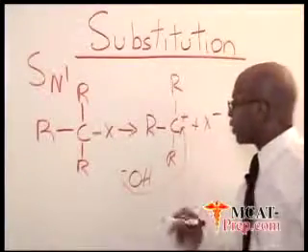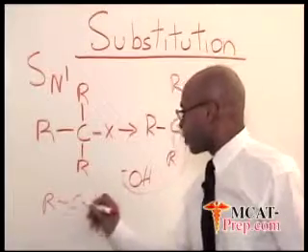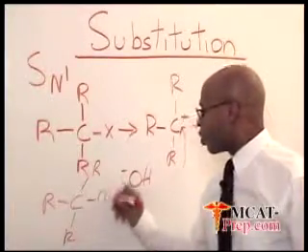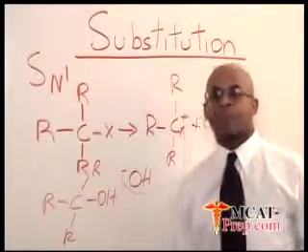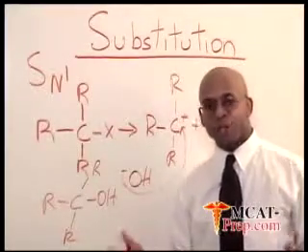What we end up with is our carbon, R, and then OH. Because it's an OH group attached to the carbon, it's an alcohol, and because there are 3 R groups, it's a tertiary alcohol.